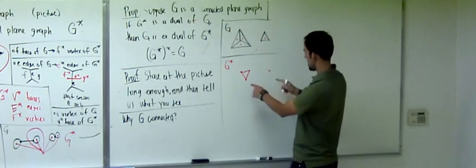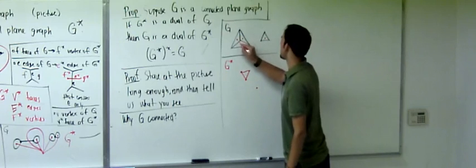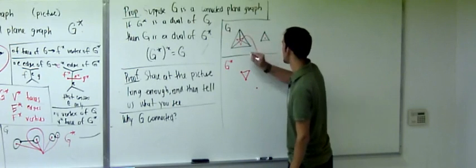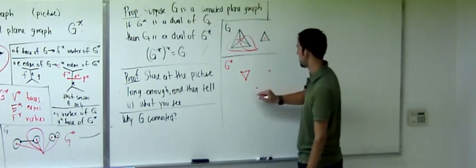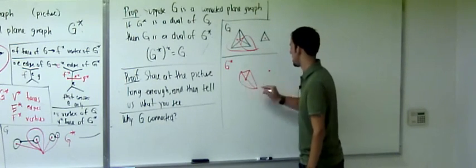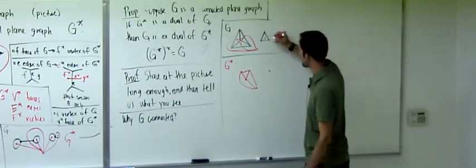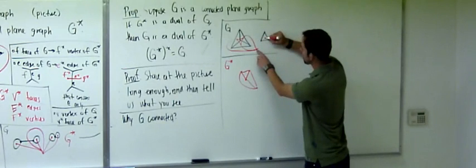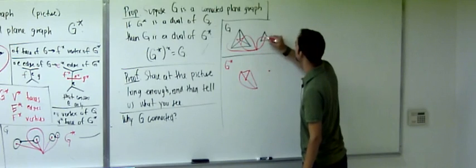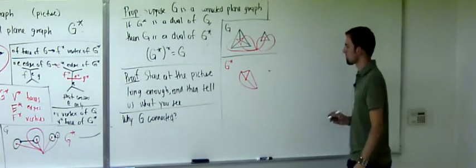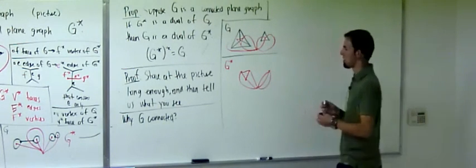Now, let me just draw it over here. I need to draw this edge, and this edge, so this one, and this one. And then here I have 3 edges separating this country from the outside country. So I need one here, and one here. So that's my dual graph.